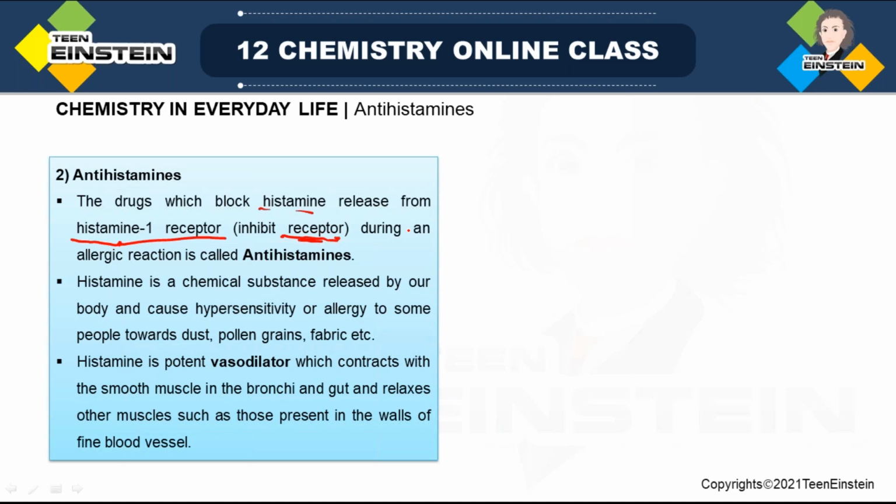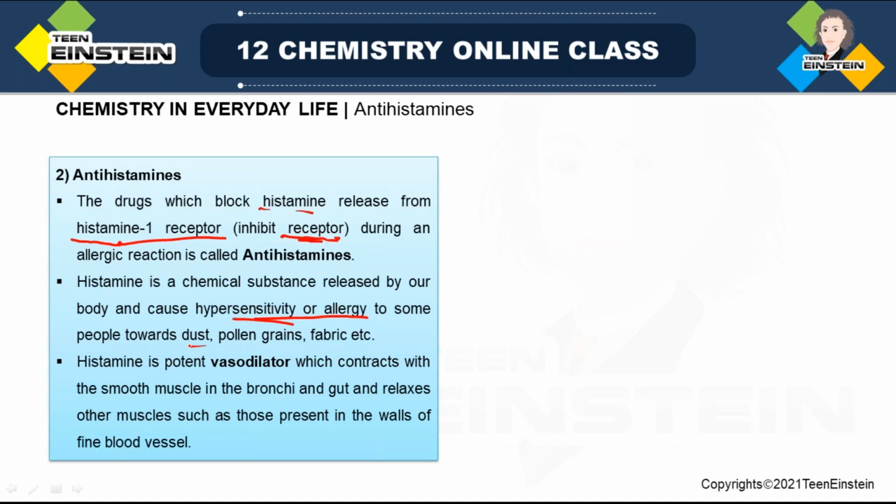Now histamine is a chemical substance which is released by our body, and it causes hypersensitivity, which is another way of saying allergy, in some people when they are facing dust, pollen grains, fabric, etc. And not just this role, histamine is also a potent vasodilator.